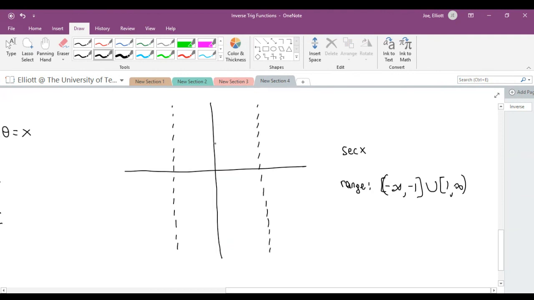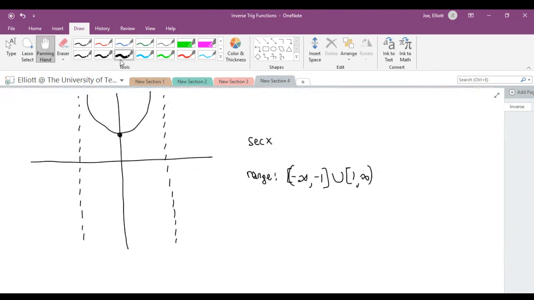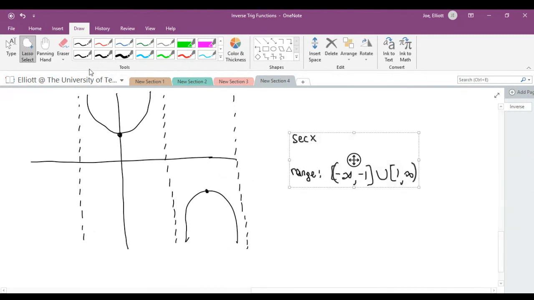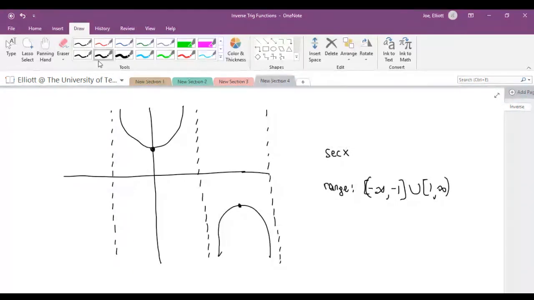So it should have started like this. There you go. All right, perfect. And then the next one would have been starting down and opening down. That's why it was confusing.